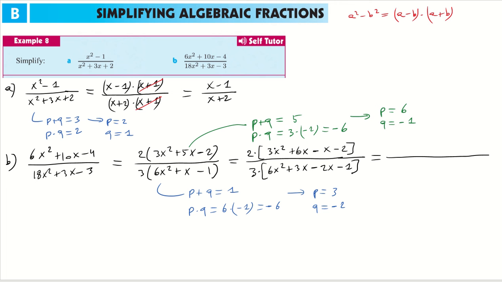Okay. In the first two terms, we can take out the 3x. What is left? X plus 2 is left. In the second term here, we can take out a minus 1, and x plus 2 is left as well. In the denominator, first two terms.